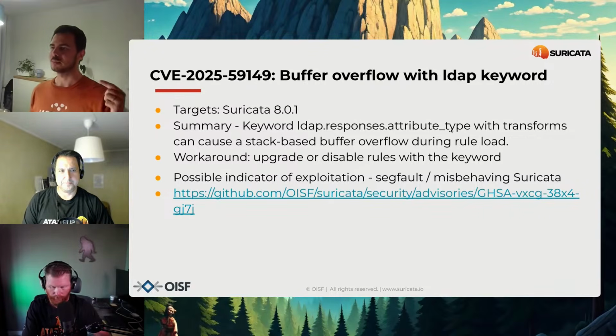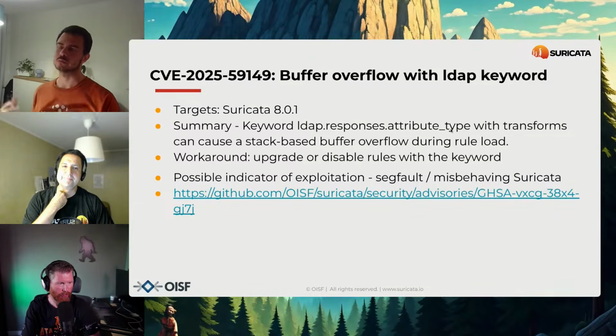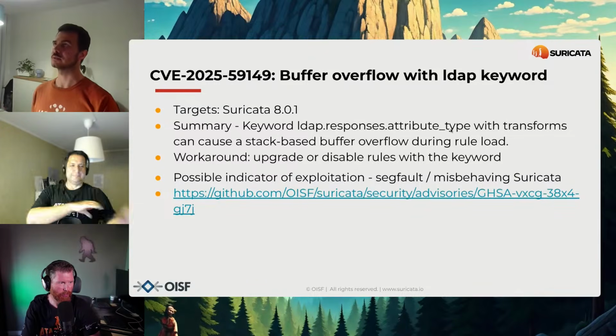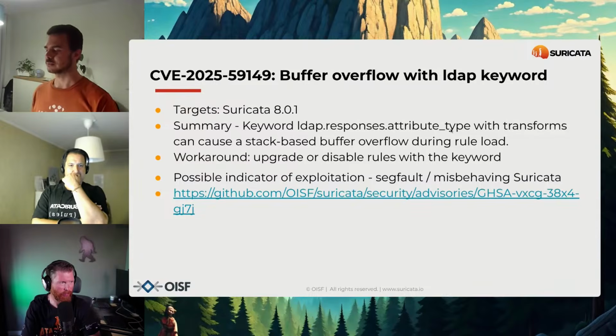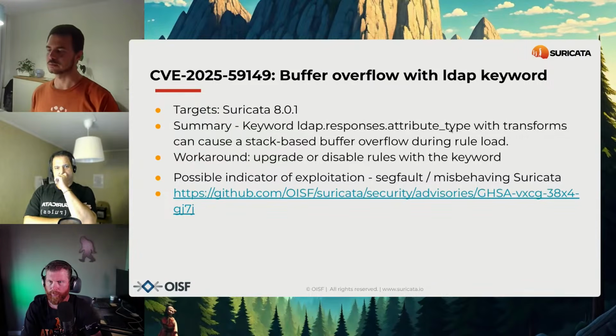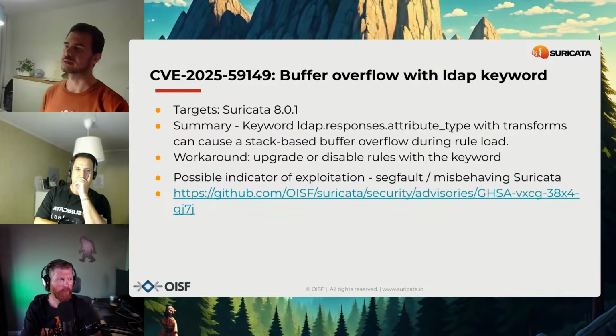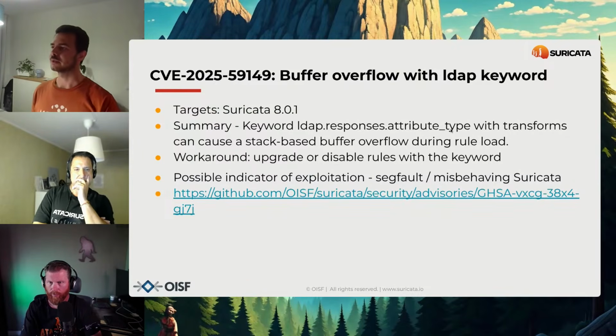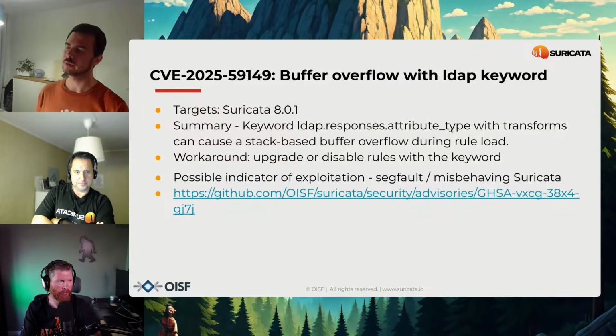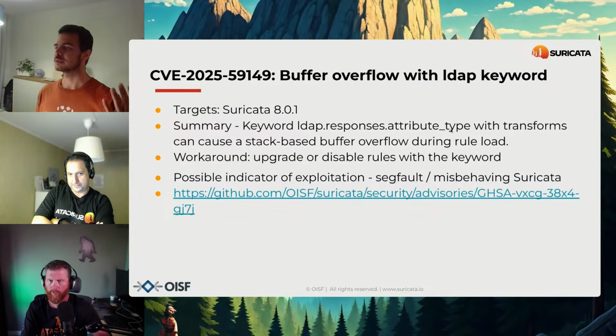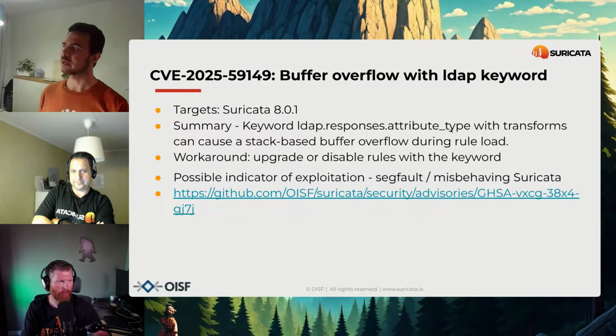And when it's combined with a transform keyword, there are some transforms within the Suricata language, like to base64 or similar, then it might cause a stack-based buffer overflow during the rule reload or startup. So this is not a runtime bug.